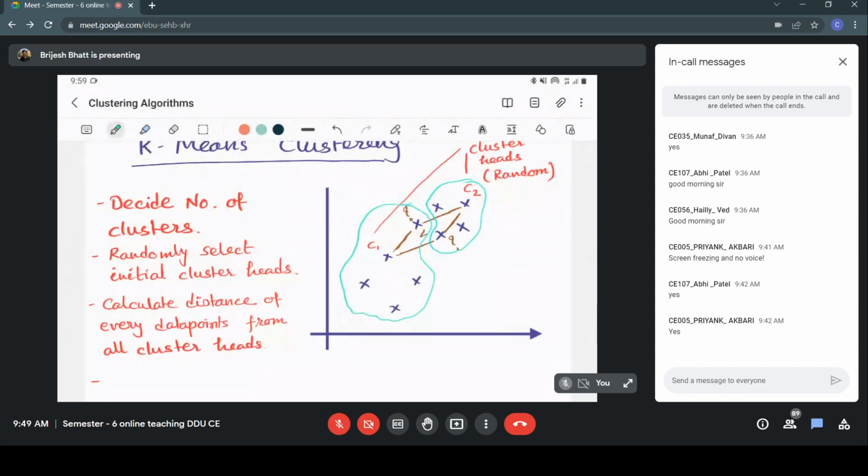So that will be the first iteration: randomly initialize cluster heads and assign data points to the nearest cluster head. That is the first step. Is this clear to everyone? Are you with me on this?